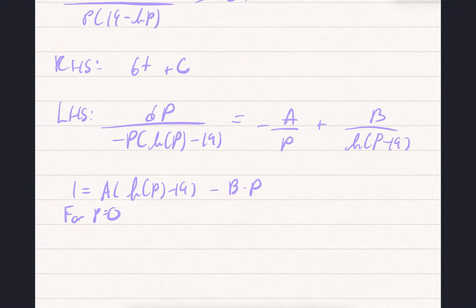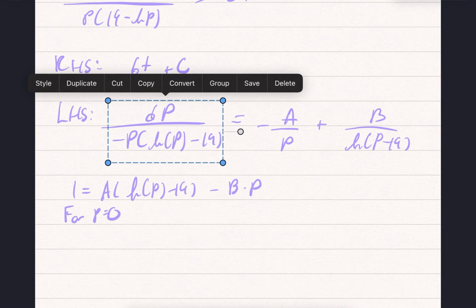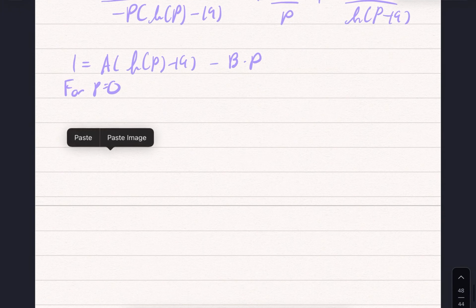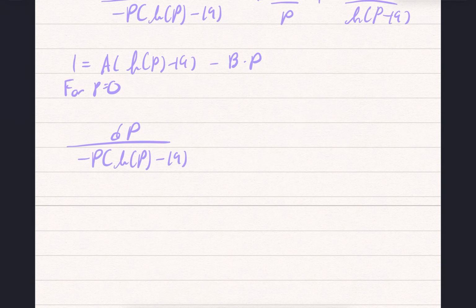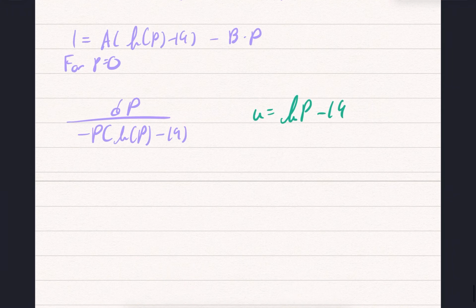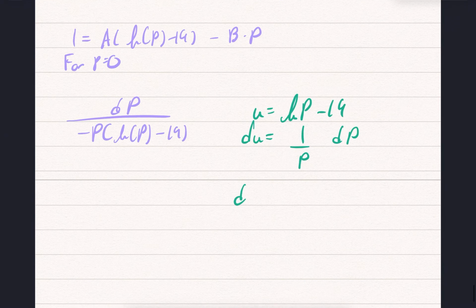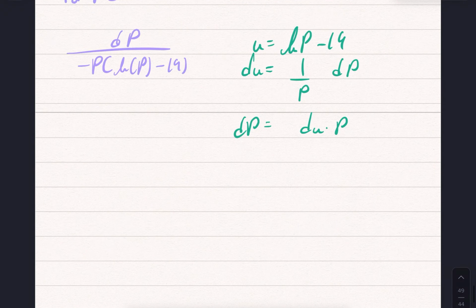So, come back here. You're going to make this u-sub for u equals ln p minus 19. Okay. du equals 1 over p dp. And so dp equals du times p.